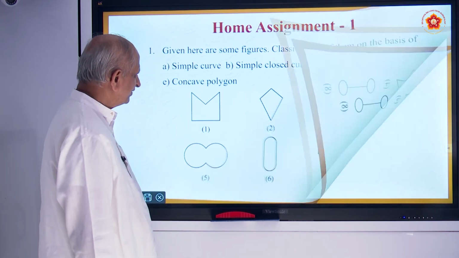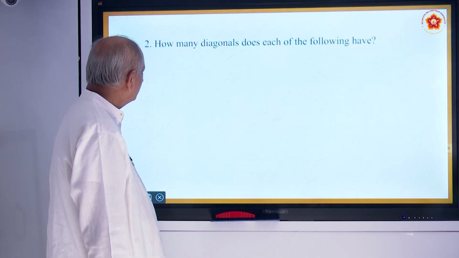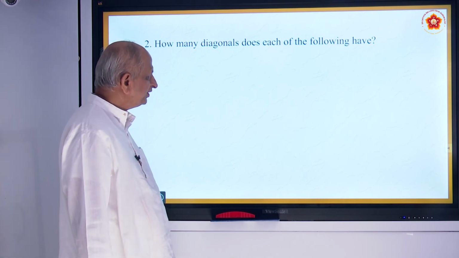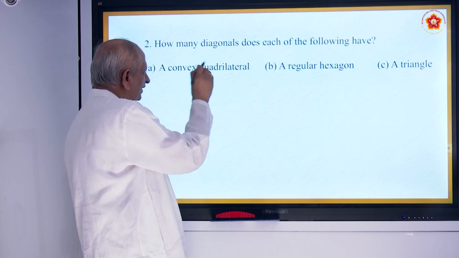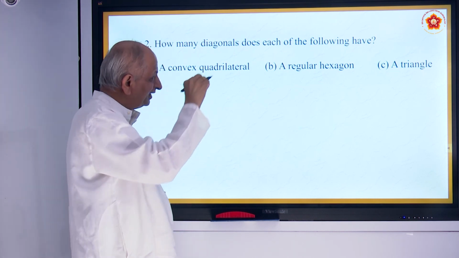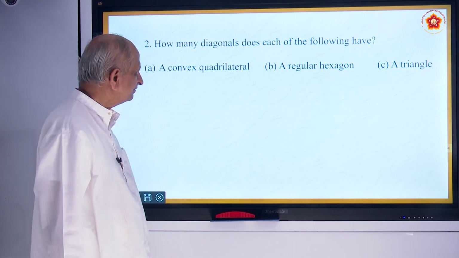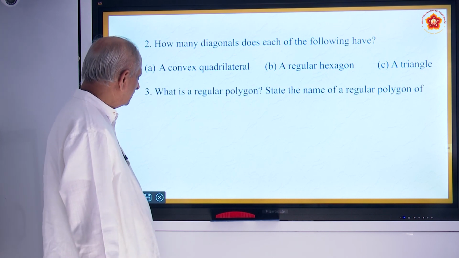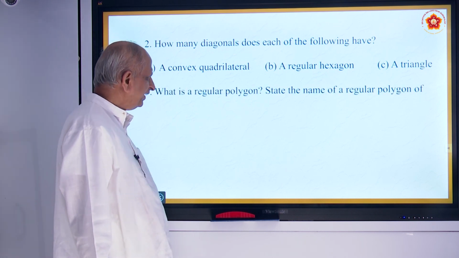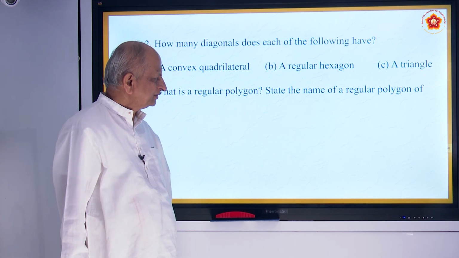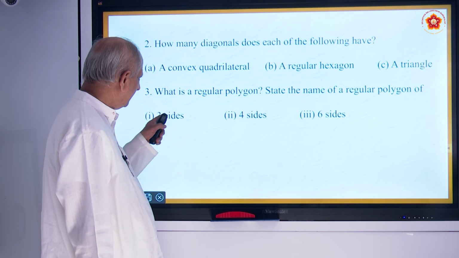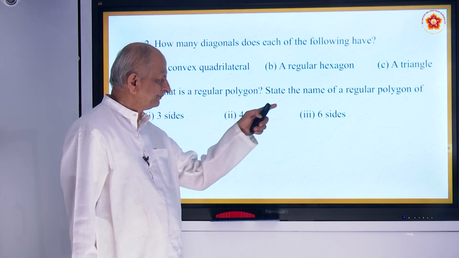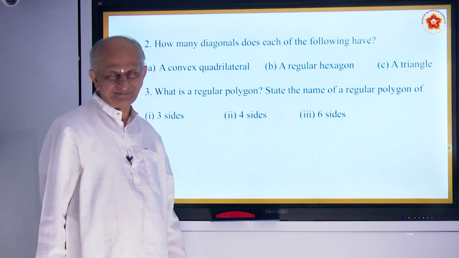Second question. How many diagonals does each of the following have? A convex quadrilateral, a regular hexagon, a triangle. And third question. What is a regular polygon? State the name of regular polygon of 3 sides, 4 sides, 6 sides.